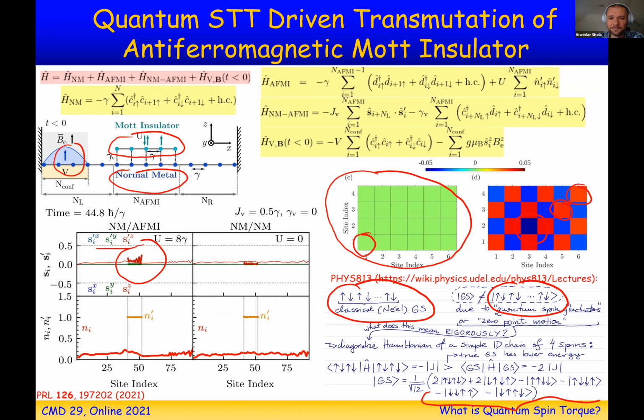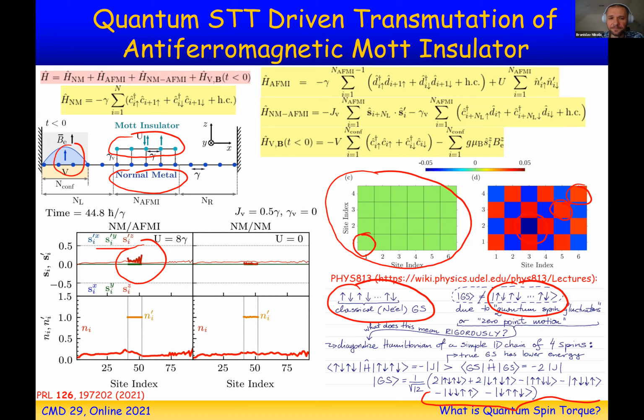Everything I discussed is encapsulated in this basic figure: if you have collinear geometry, nothing should happen according to Slonczewski-Berger. Only non-collinear geometry gives you non-trivial phenomena, but the new thing is that if you have this collinear but antiparallel geometry, you can actually get a torque that does not exist in any Slonczewski-Berger picture. And finally, all the calculations I showed you are either quasi-1D or 1D ladders and chains.